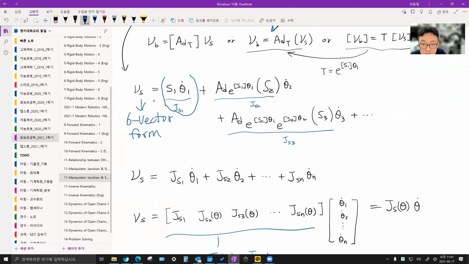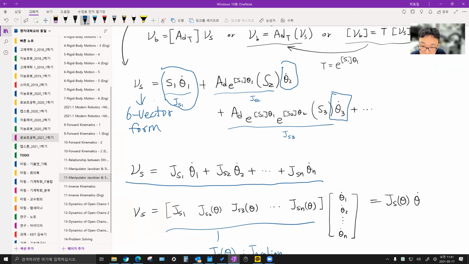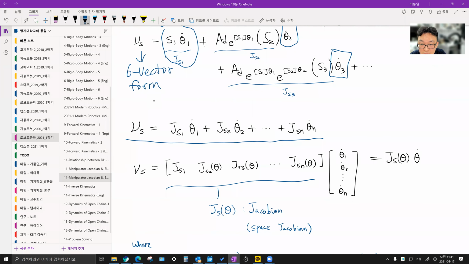So this one is S1 theta 1 dot, and this one is multiplied with theta dot 2, and this one is multiplied with theta dot 3. When we make the Jacobian matrix, every component multiplied with a theta dot element becomes a column of the Jacobian.